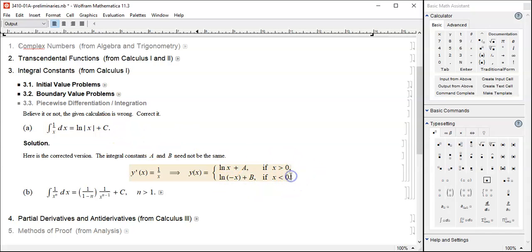This is a perfectly good solution too. And this is more general. So in this case, we took only one antiderivative, but two integral constants showed up.